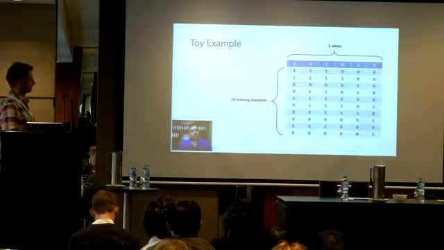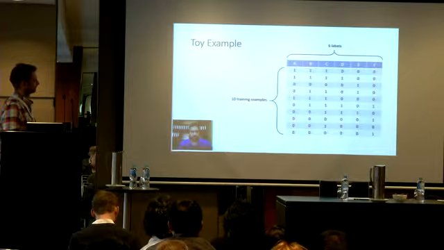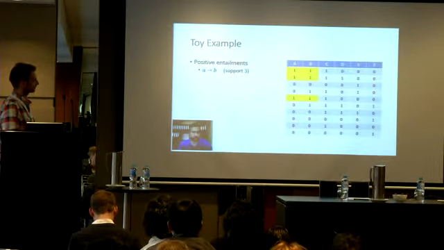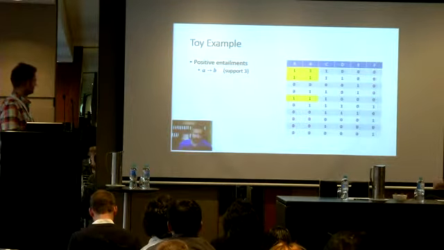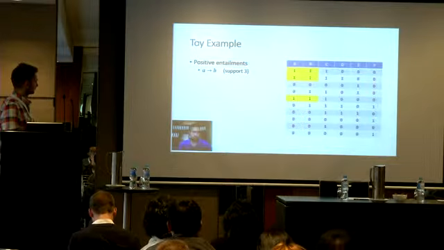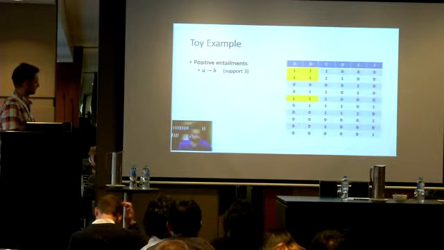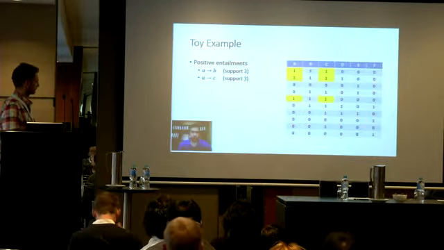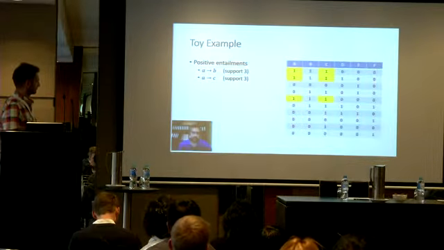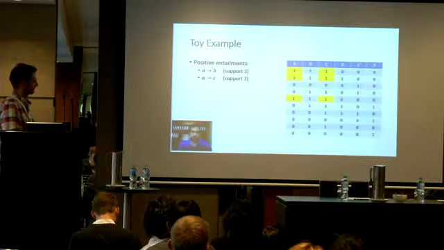As a toy example, consider a multi-label dataset with 6 labels and 10 training examples. Here we can extract the positive entailment A entails B with the support of 3 examples. We can also extract A entails C, again with the support of 3 examples.